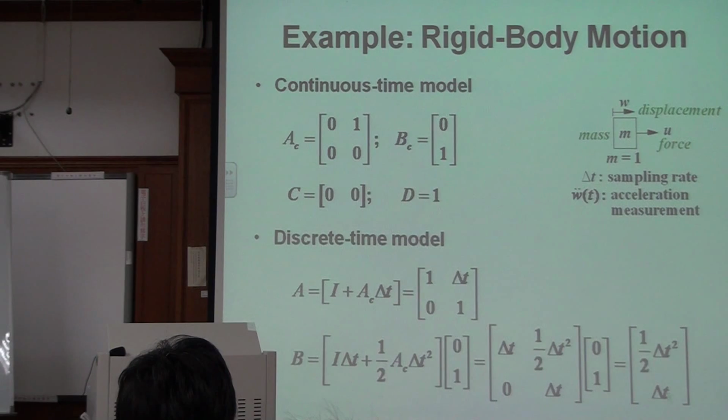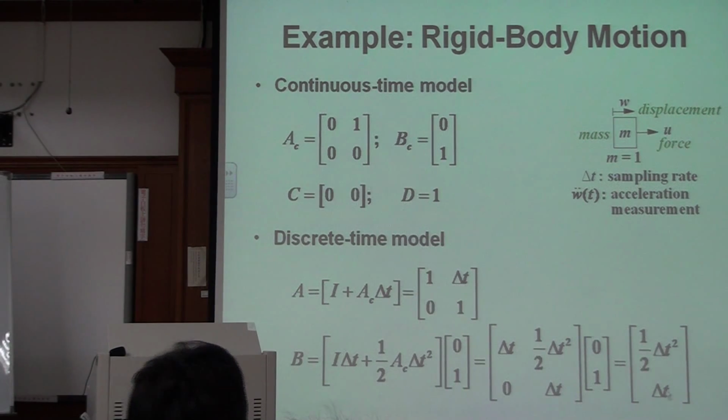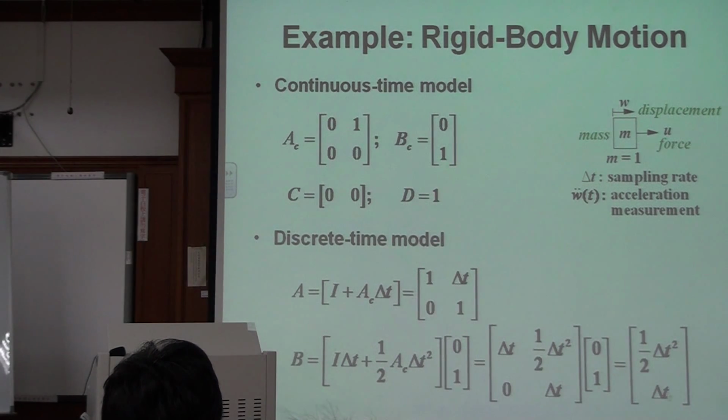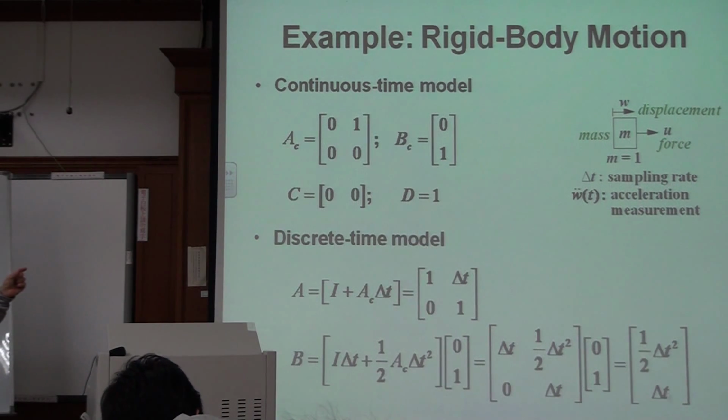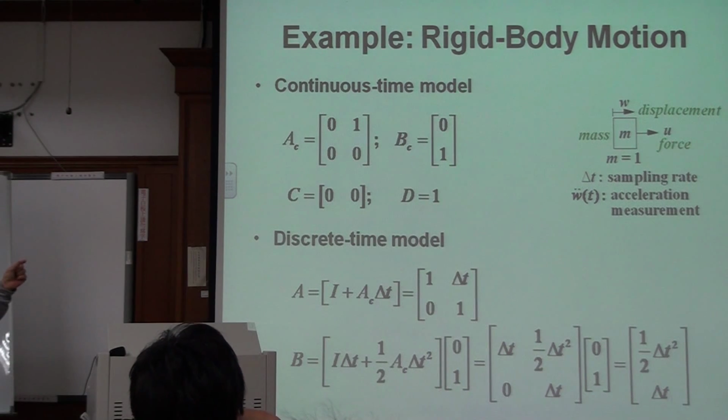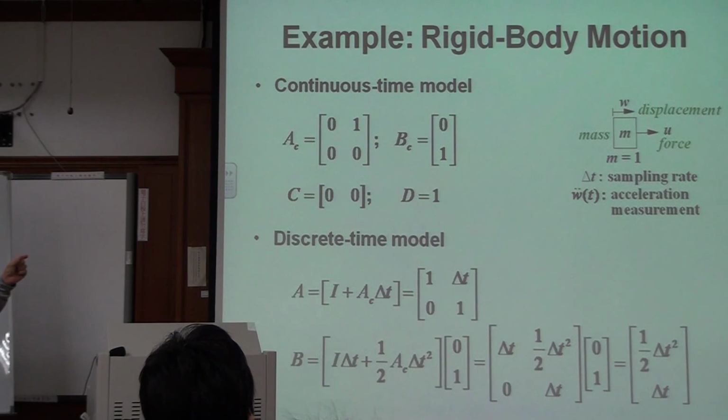Why is that? Because of my U. If I change my sample period, U is constant in one period, and if that period is getting smaller, then the effect of the constant U applied to the system is smaller, right?